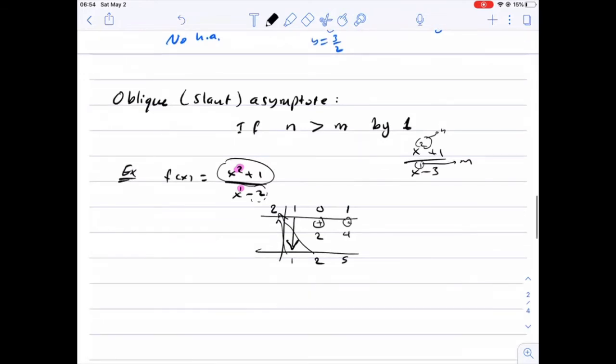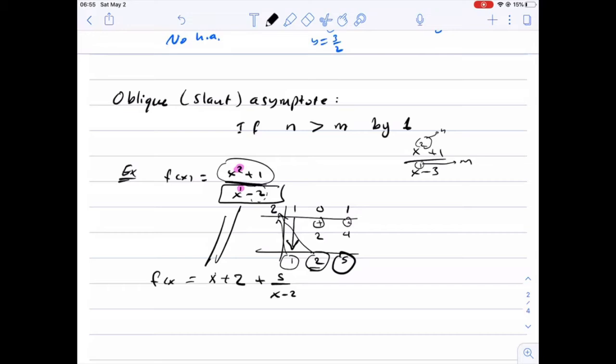So we can write this expression as x plus 2, plus 5, the remainder is 5, but this 5 is divided by x minus 2 actually. So we could write the function in an equivalent form.